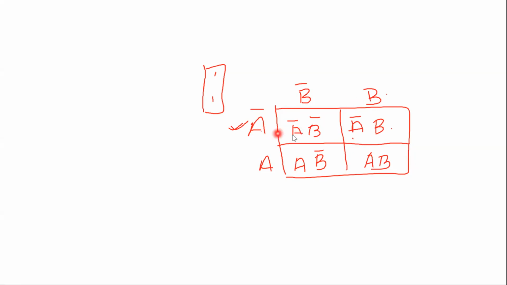First we will write B complement over here, A complement right over here, and simple B right over there. A and B: this A over here, and this B over here. B will be written on the column side, and A will be written on the horizontal rows. Clear? This is the first step.